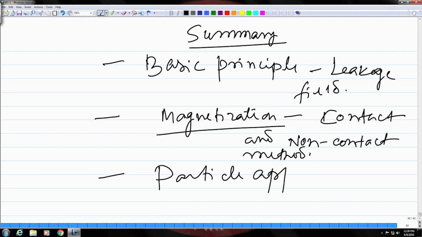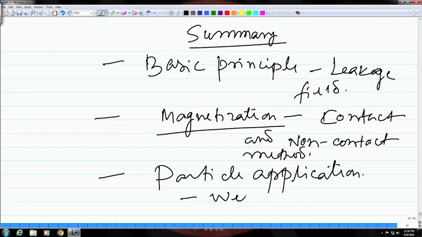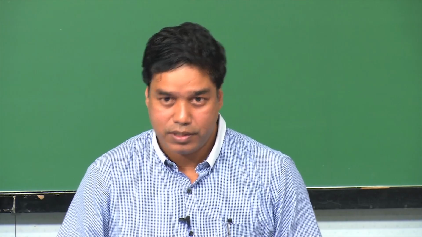The next step was particle application. So, there again we saw there are different methods by which the particles can be applied, and then we saw there are two types of particles which can be used. One is wet, which you use in a suspension, and the other one is a dry powder, which can be coated with either a color or sometime it is also coated with a fluorescent material.